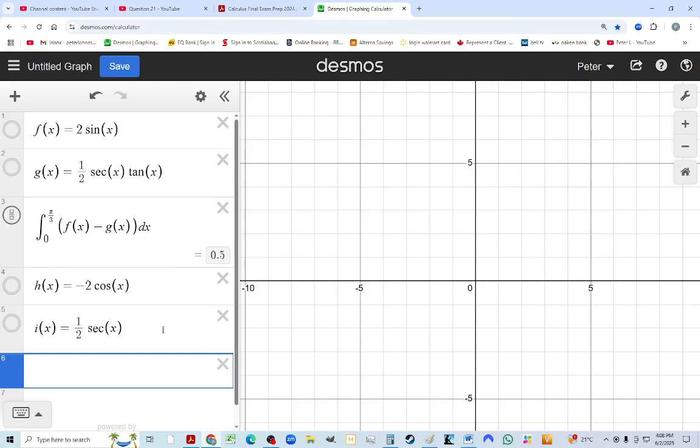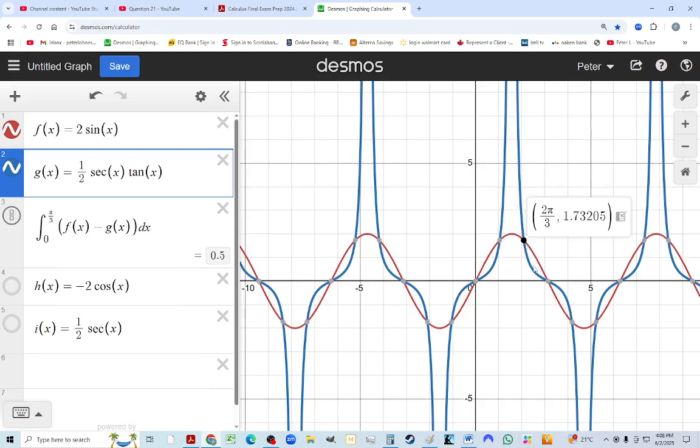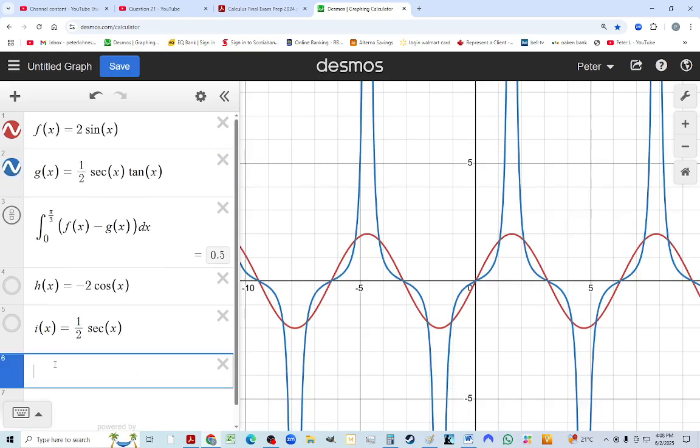Now, here's why you can't use it for 2 pi over 3 to pi, which is this area right here. The next area, you see, goes from 2/3 pi to pi. Well, that's because h of 2/3 pi exists, and i of 2/3 pi exists, and h of pi exists, but i of, oh, that shouldn't have worked.